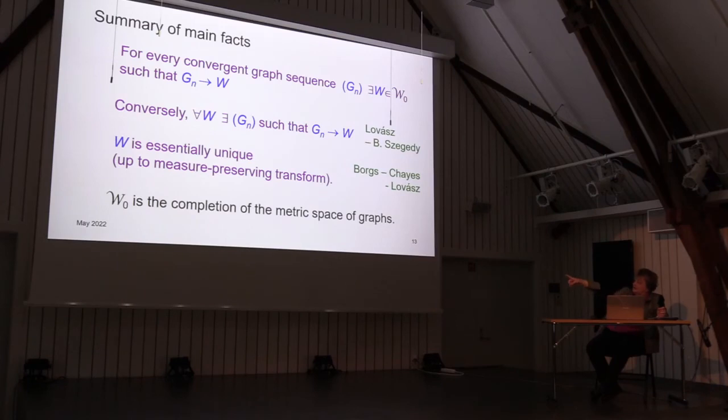It's up to measure 0, though. And so this means that this W naught is complete by our definition. So we are very happy because we can work with this kind of space very nicely.